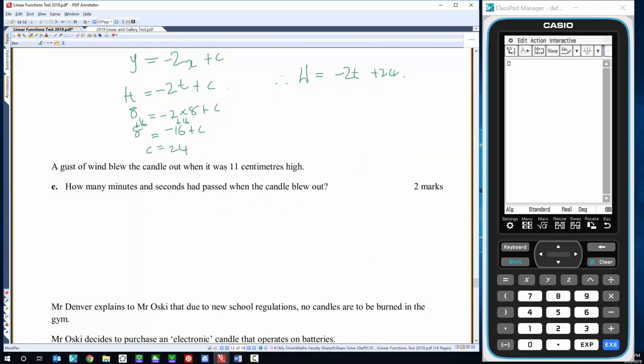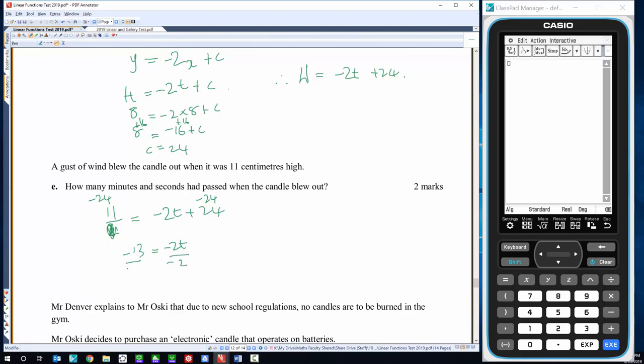Okay, a gust of wind blows the candle out when it's 11 centimeters high. So that's going to be, the height is 11, so 11 equals negative 2t plus 24. Subtract 24, subtract 24, negative 2t equals negative 13.